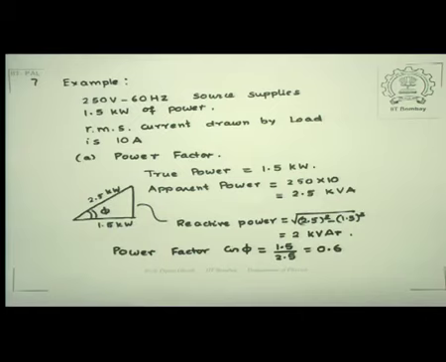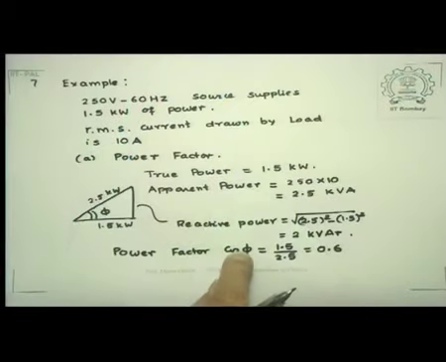Not a very low power factor, but not very large either. Now suppose I want to compensate for this. What would I like to do? Ideally, though it may not always be possible, I would like to make this cosine phi as close to 1 as possible.